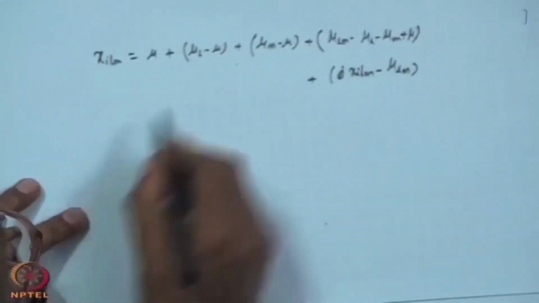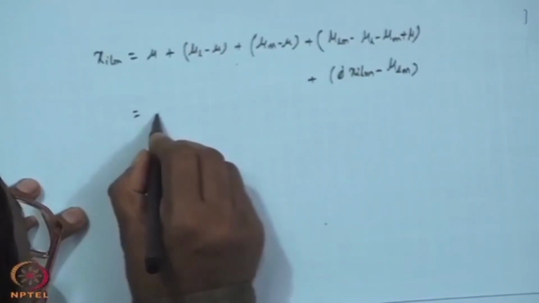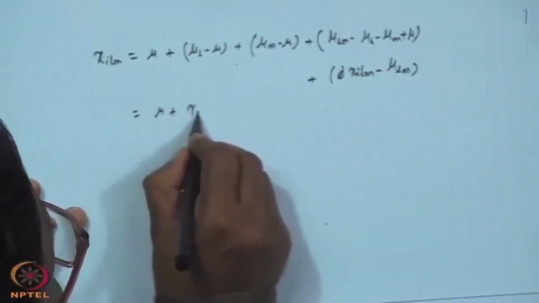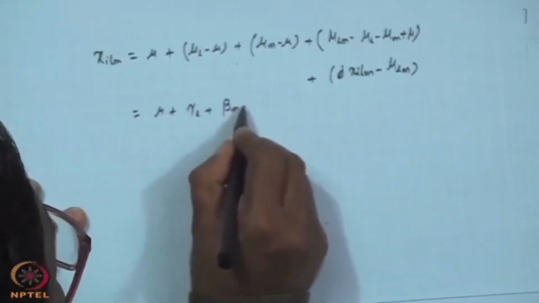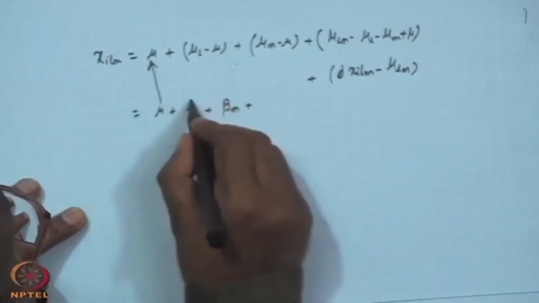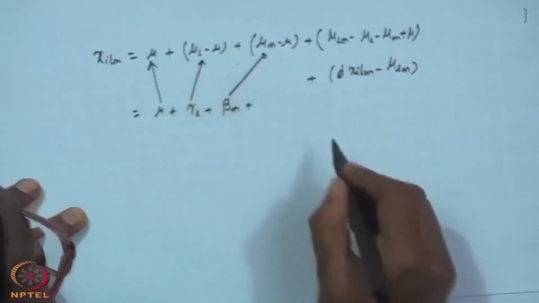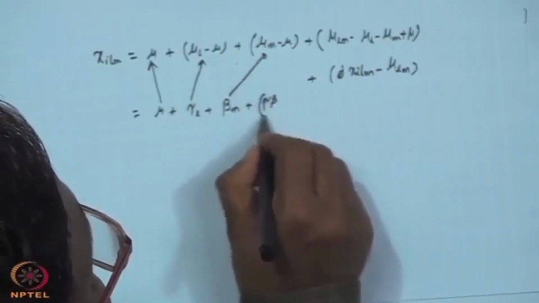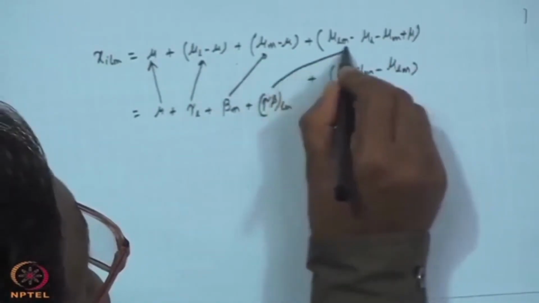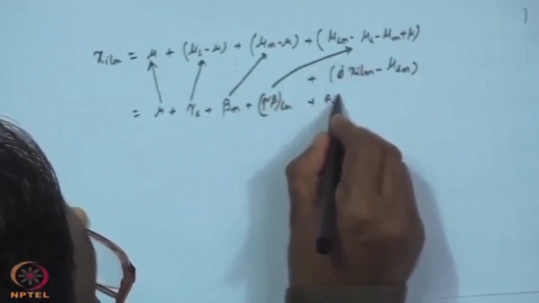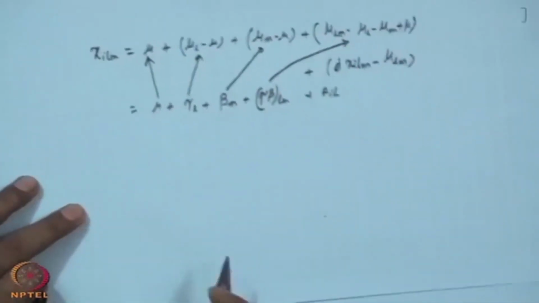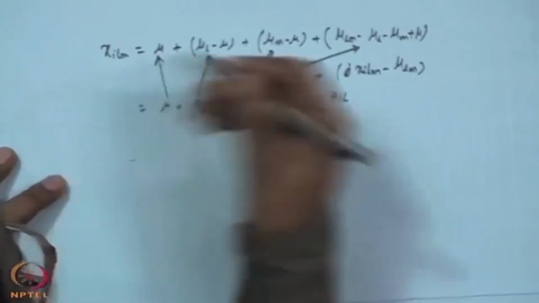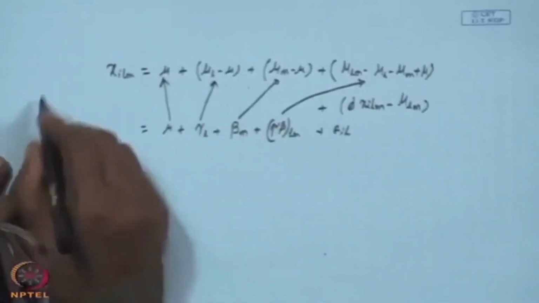What does it signify? This is nothing but the grand mean, this one is tau_L, then this one will be beta_M, and then (tau beta)_LM, plus epsilon_ILM. This is from the population.